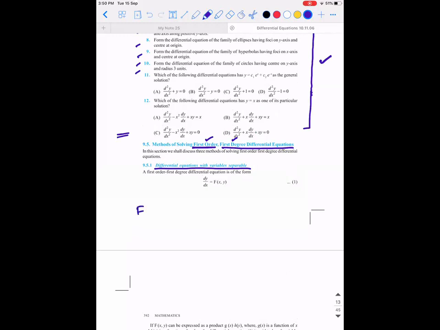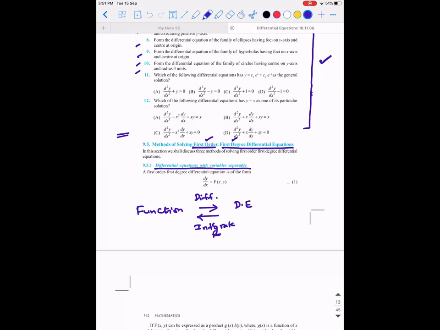When a function is given to you and you want a differential equation, what are we supposed to do? Differentiate. Whereas when a differential equation is given to you and the function is asked, you're going to integrate. So going forward, we are going to do integration.